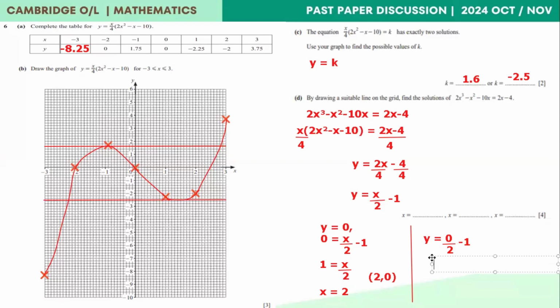In that case, 0 minus 1. So y is going to be equal to minus 1. So our next point is 0 comma minus 1. Since we have 2 points, we can now plot our graph.